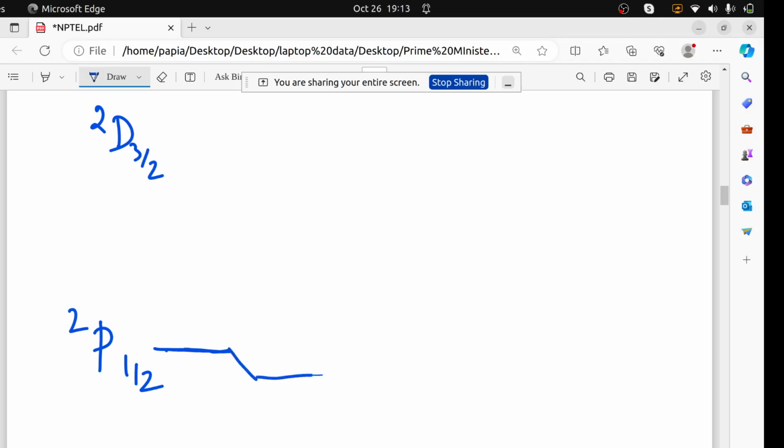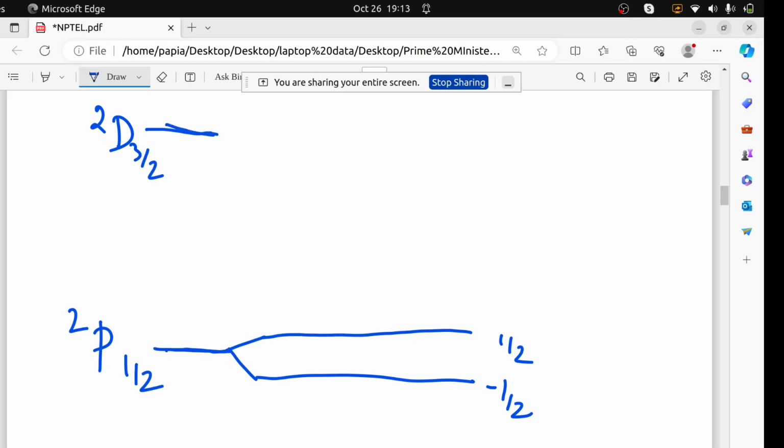Now we have the splitting here due to the magnetic field, and the splitting will be like minus half and half. The mj value will split out, right? Now for the 3/2 case, when there was no magnetic field, at that time there was only one line for the 3/2 case. But now in the presence of magnetic field, how many mj do we have?